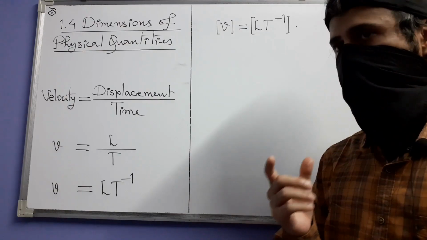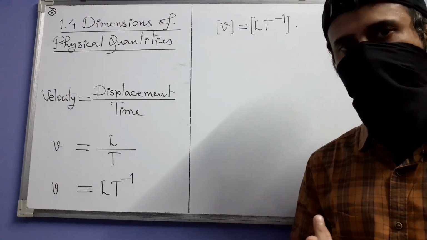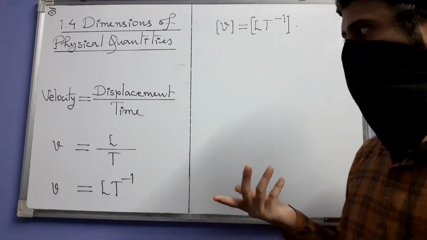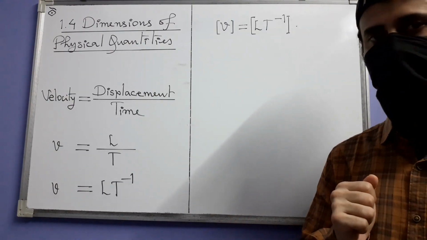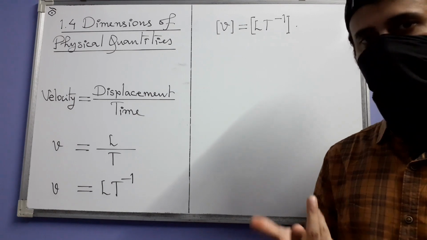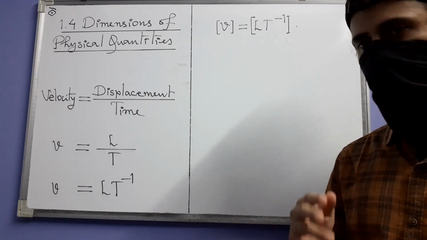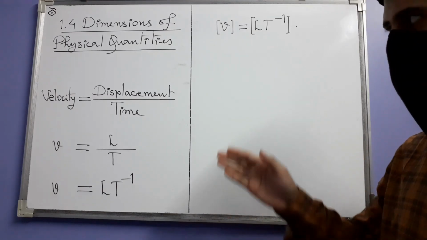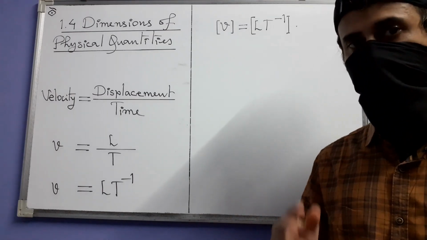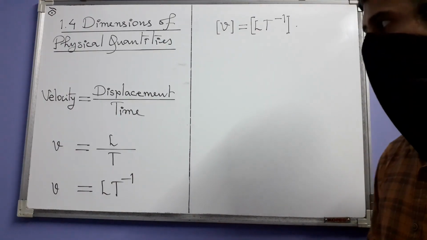Now note that velocity has many different units. You can express the velocity of a moving object in kilometer per second or in meter per second, in miles per hour, kilometer per hour. Many different ways are there of expressing velocity. That means there are many different units.